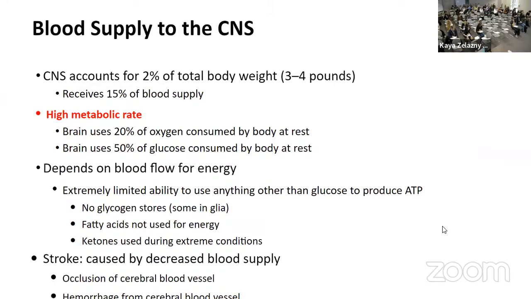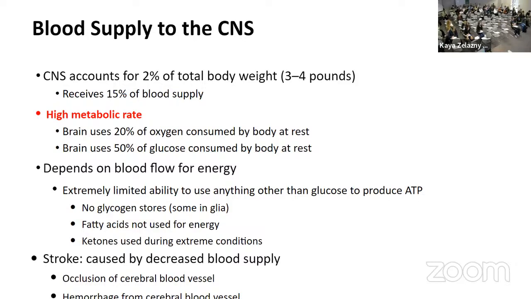Okay. So next, blood supply. Other than just knowing the very basics of what the glial cells are, I think this is the other most important topic when we're thinking about the central nervous system, this blood-brain barrier and this blood supply to the central nervous system. Because this is a place that you see potentially problems when things go wrong.